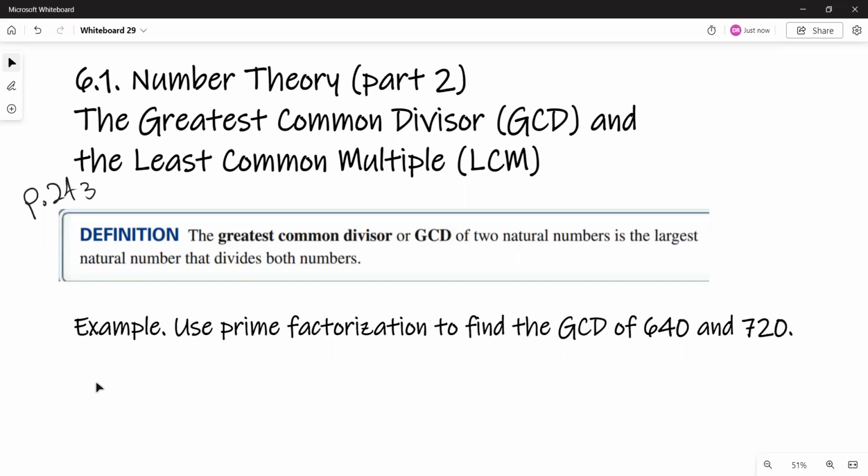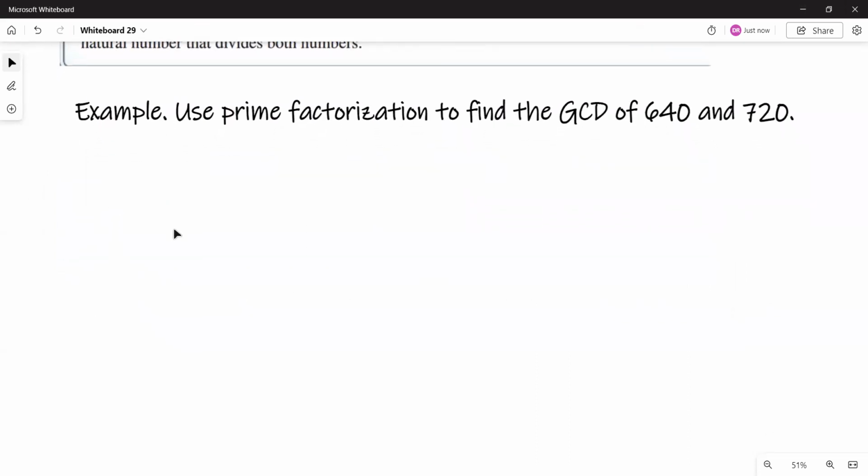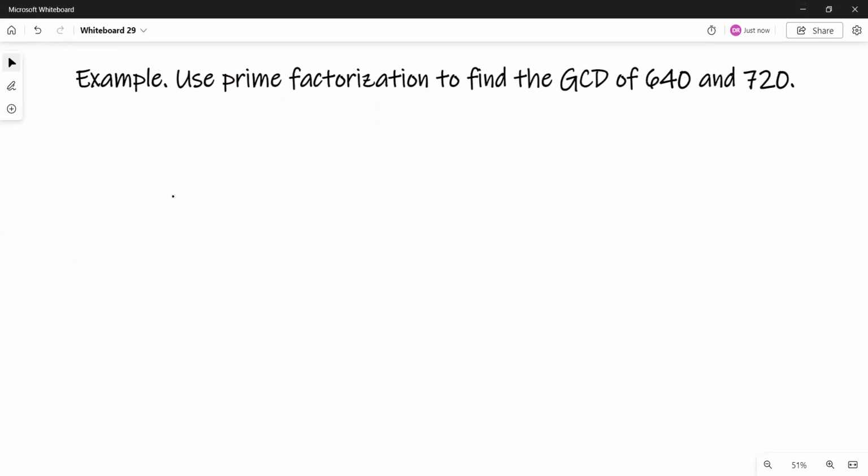So listing all the divisors is going to take a lot of work. We have so many divisors that it's not going to be very practical to list them one by one. What we're going to do is use prime factorization. We're going to write each number as a product of primes. So let's do 640. We're going to use factoring trees.